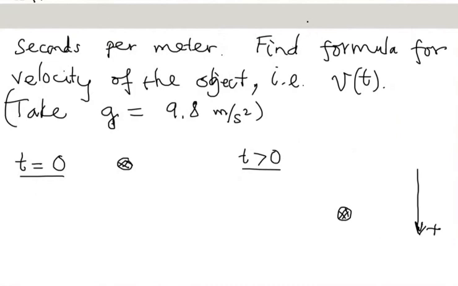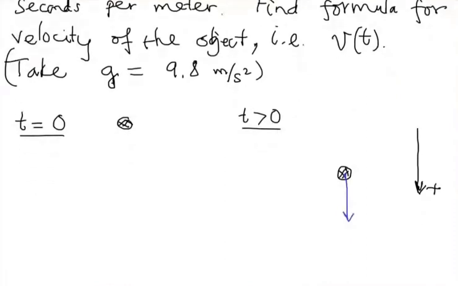At any positive time t, we want to know the forces acting on the object. We saw this earlier in topic 1. This is the gravitational force, F_G, which is m times g.